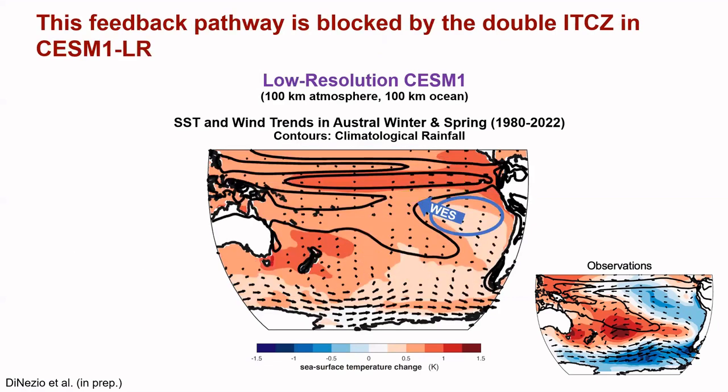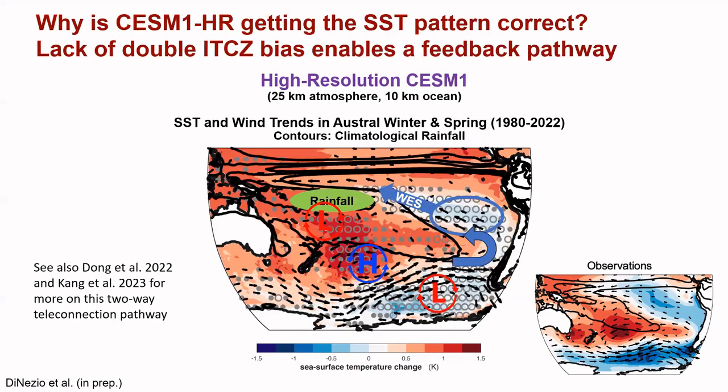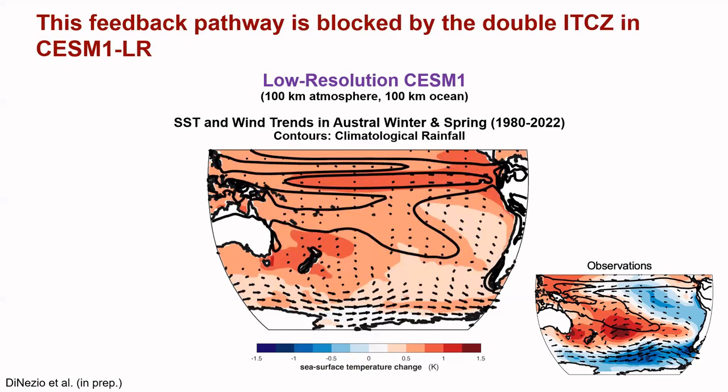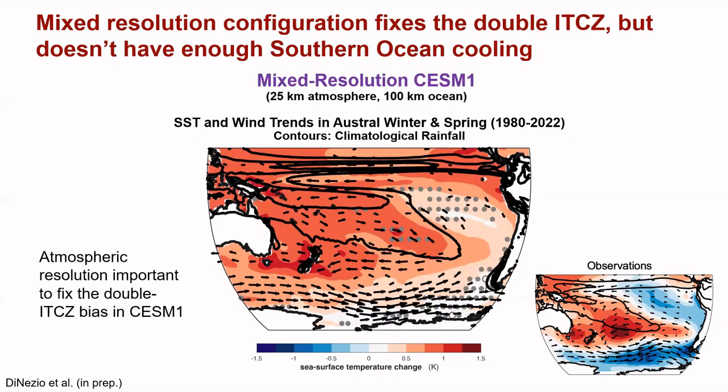If I go back 2 slides to the high resolution, it's not quite as dramatic of cooling and West Pacific warming, but it's getting close. So I think it solves the ITCZ part of this problem, but then is missing some additional boost of Southern Ocean cooling. So it seems to indicate that ocean resolution might help with this, the Southern Ocean cooling part of it, but that a big part of what's going wrong with the tropical Pacific patterns is coming from the ITCZ bias and the atmospheric resolution.